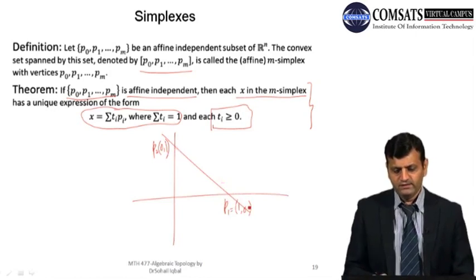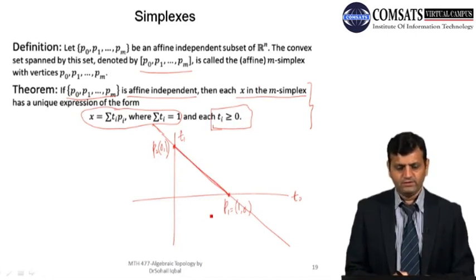The affine set spanned by these 2 points is this line, but the convex set spanned by these 2 points is this line segment, because here we impose the condition that the ti's are greater than or equal to 0. So if this is the t0 and this is the t1 coordinate axis, then ti greater than or equal to 0 means it has to be in the first quadrant only. So this is the difference between affine combination and convex combination.